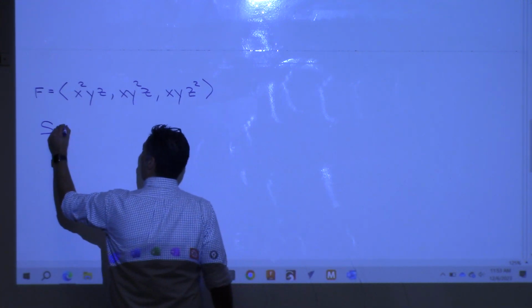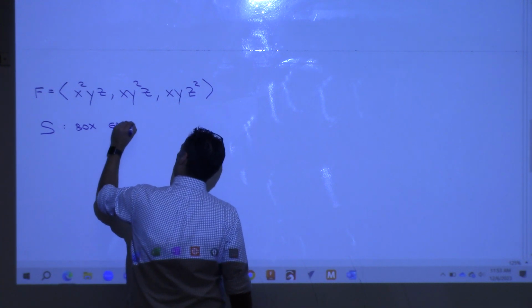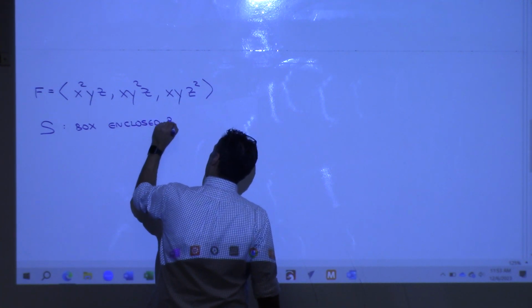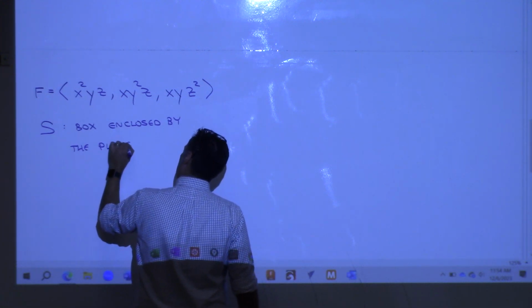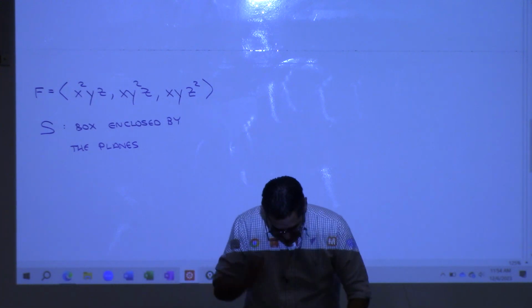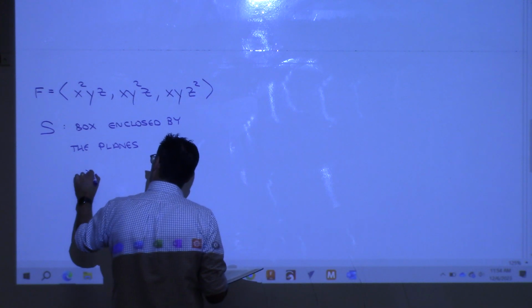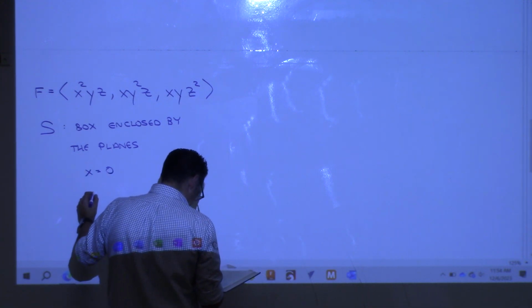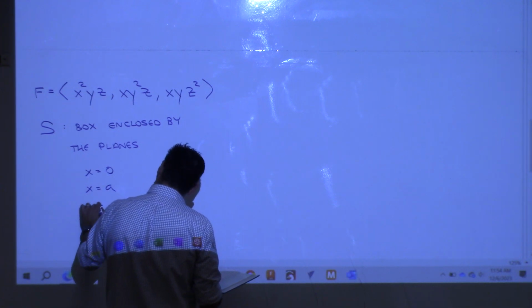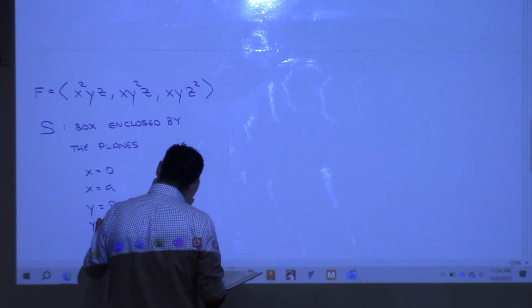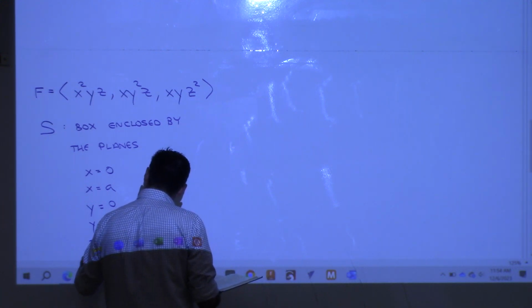The surface is a box that's enclosed by the planes x equals 0, x equals a, y equals 0, y equals b, z equals 0, z equals c.